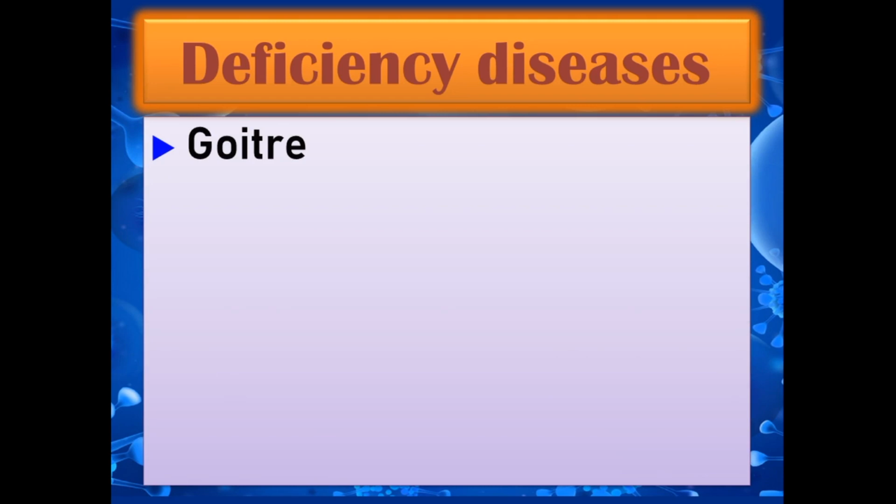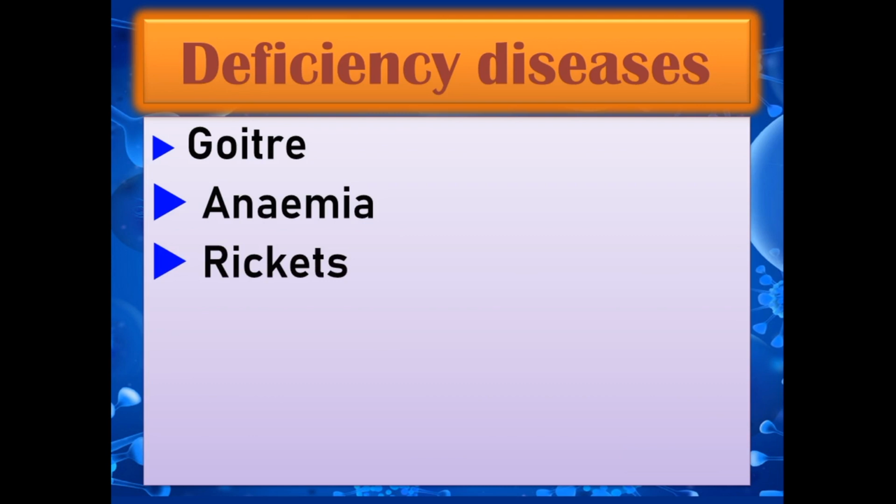How is it caused? Yes, very good. It is caused due to deficiency of iodine. Next one is anemia. How is it caused? Yes, it is caused due to the deficiency of iron in our daily diet. Next one is rickets, which is caused due to lack of vitamin D.